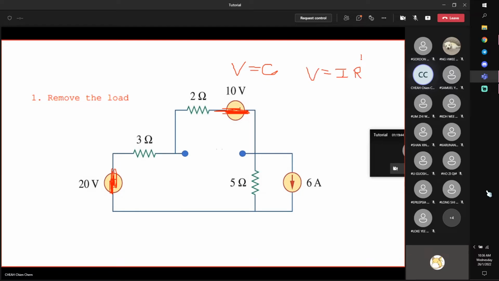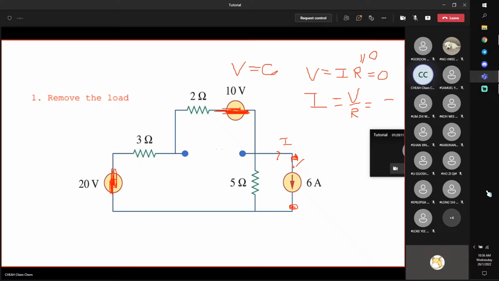Short means 0 resistance, so you get 0 volts. Now the current source, you must open it. That means if there's a switch here, just open it, switch off. Then current will stop. No current will flow through any open terminal. Open terminal, in fact, means infinite resistance.